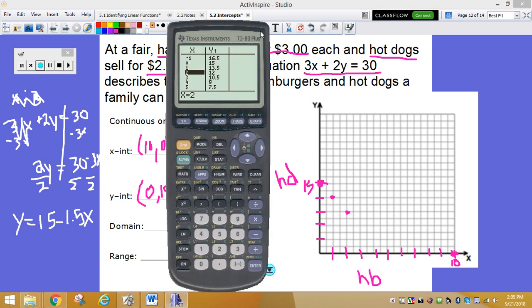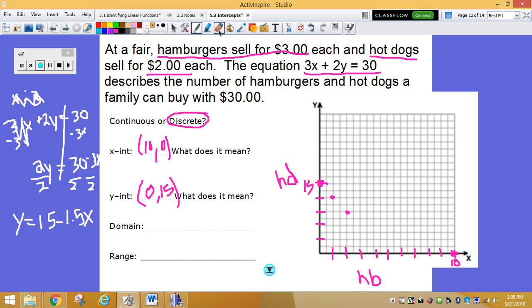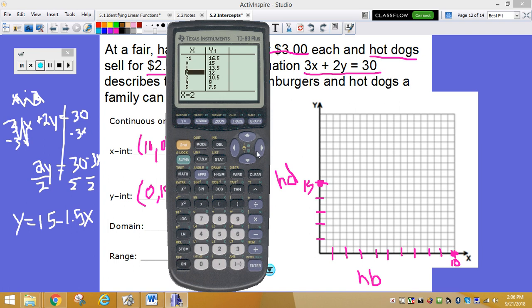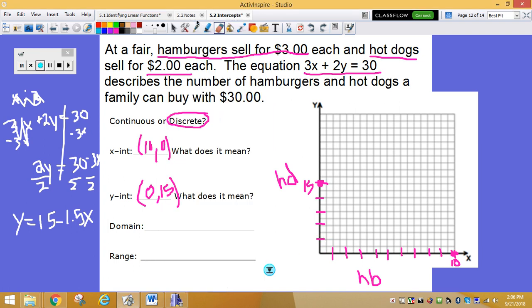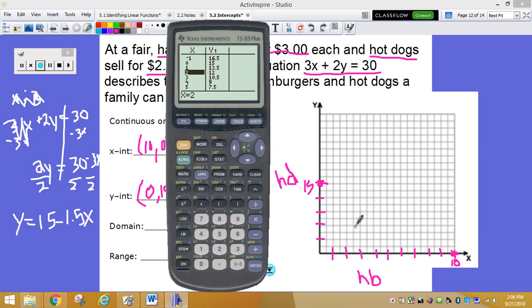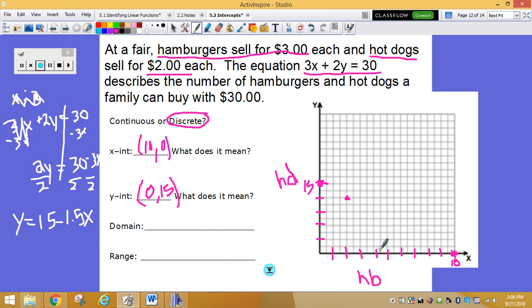Oh, I went by ones. Dadgum. I'm losing my mind, y'all. Let's try it again. So 2 and 12 is going to be here. 4 and 9 is going to be out here.